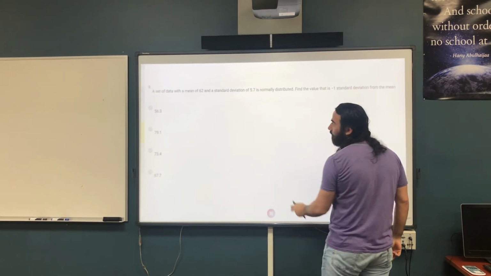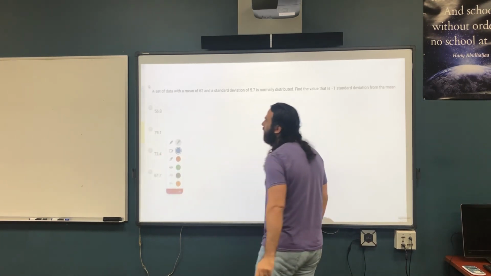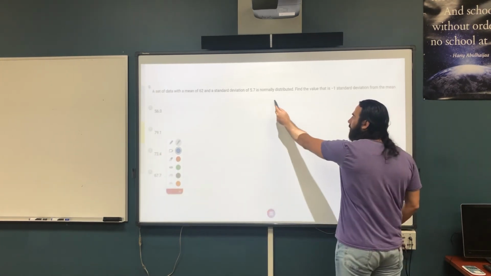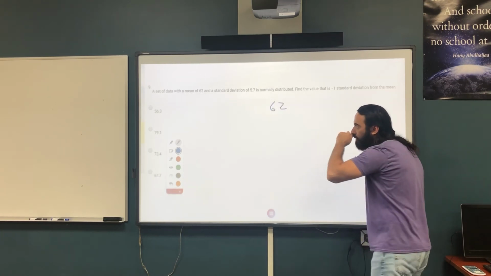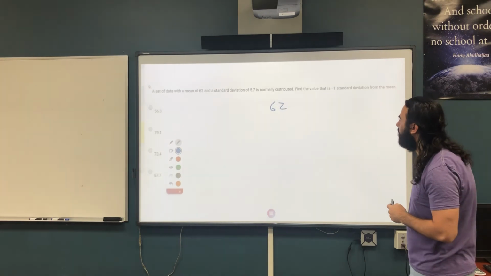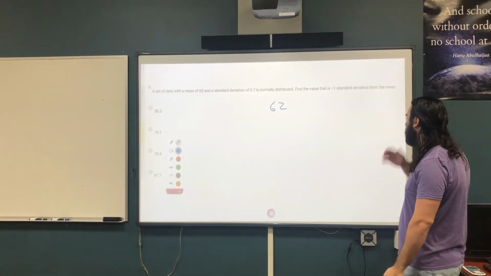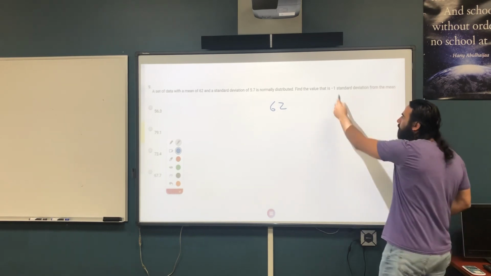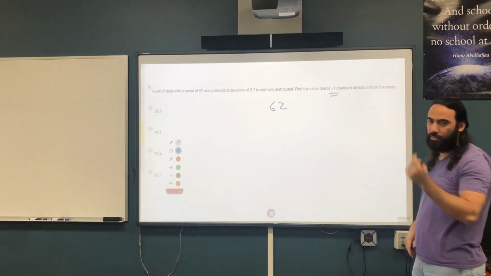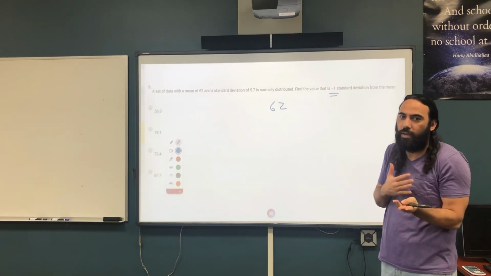So this one: a set of data with a mean of 62. So the mean, the average, is 62, and the standard deviation of 5.7 is normally distributed. Find the value that is -1 standard deviation from the mean. So -1 means you need to subtract 1 time the standard deviation. If it was -2, subtract twice.